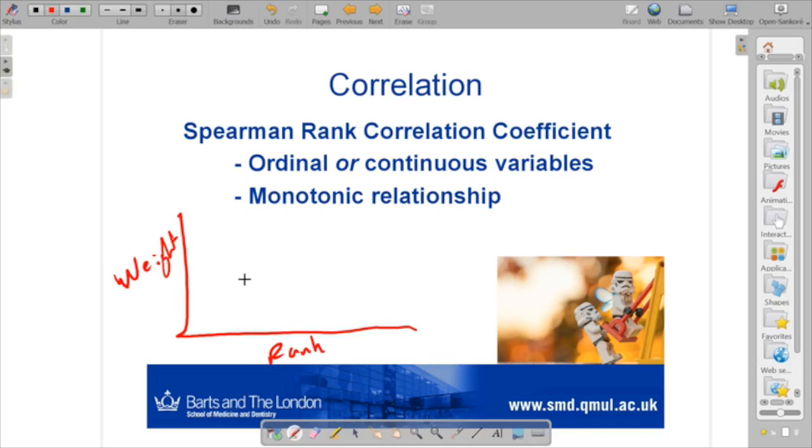So here we might have the weight, let's say, going up with rank or something like that. And once again, we can do this in SPSS, and we can look at what kind of data output we would expect to see.